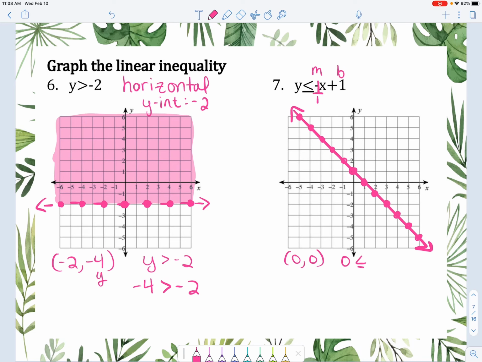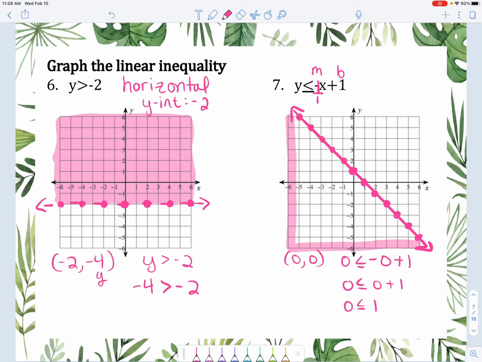So it's going to be 0 is less than or equal to -0 plus 1. Well, -0 is just 0. There's no such thing as a positive or negative 0. 0 doesn't have a sign. And then 0 plus 1 is just 1. And this reads 0 is less than or equal to 1. They're not equal, but 0 is less than 1. So this ends up being true.